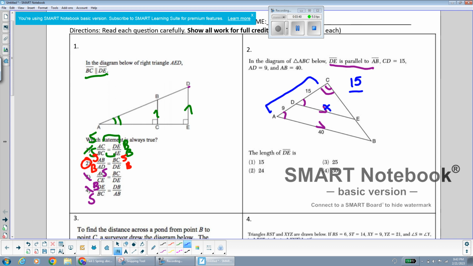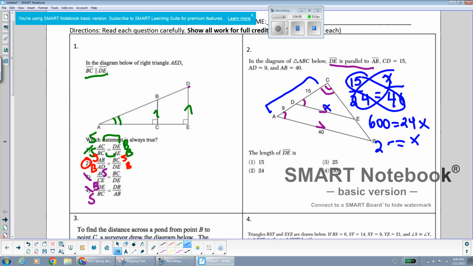So that would be 15 plus 9, which is 24, is equal to X because that's the other side from the small triangle that we're finding, over the corresponding side to it from the big triangle, which is 40. Let's cross multiply. 15 times 40 is 600, and that's equal to 24x. 600 divided by 24 is 25, and that represents the side that we're looking for.